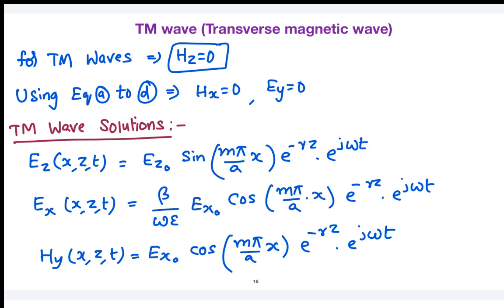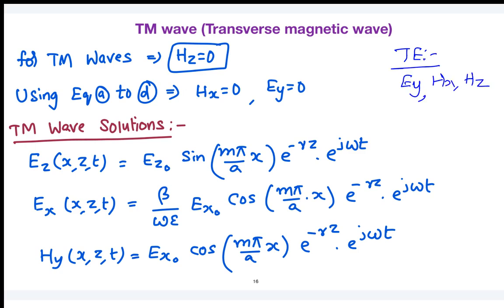At this point, what you have to clearly understand is, when you go for the transverse electric and when you go for the transverse magnetic, which components are going to exist. This is very important, you have to remember. In case of a transverse electric, you will have electric in Y direction, magnetic in X and Z. This component you have to memorize.